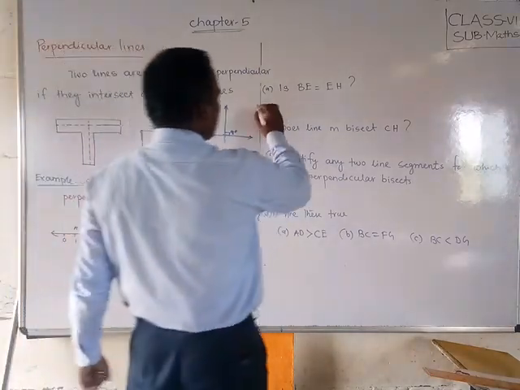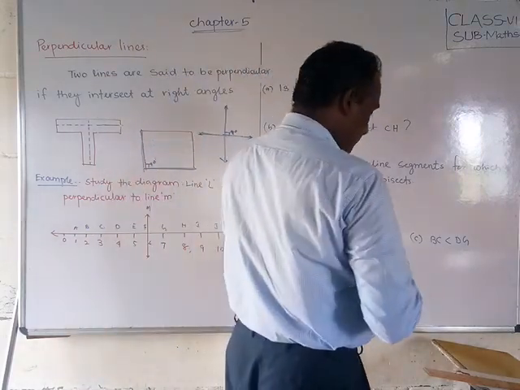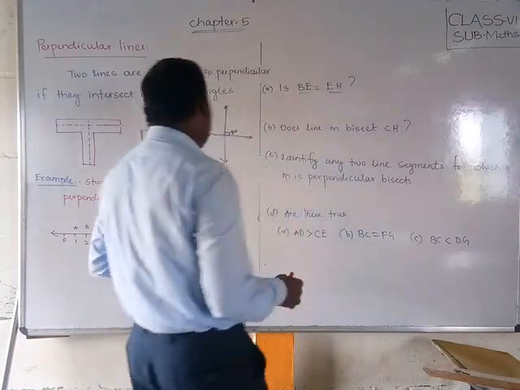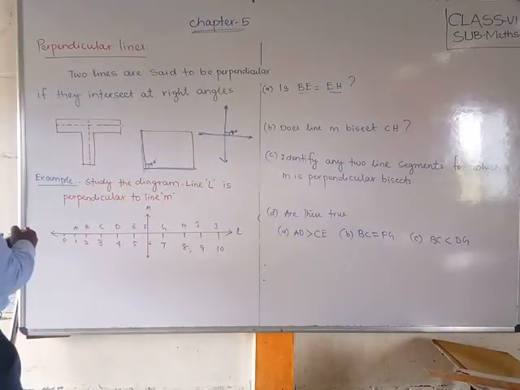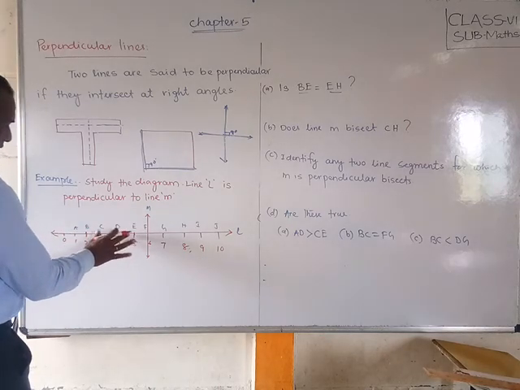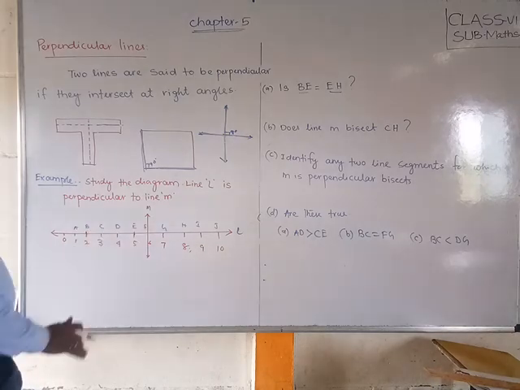Students, observe the first question: BE is equal to EH. Check. BE, how many units are there? 1, 2, 3 units. So BE is equal to 3 units.